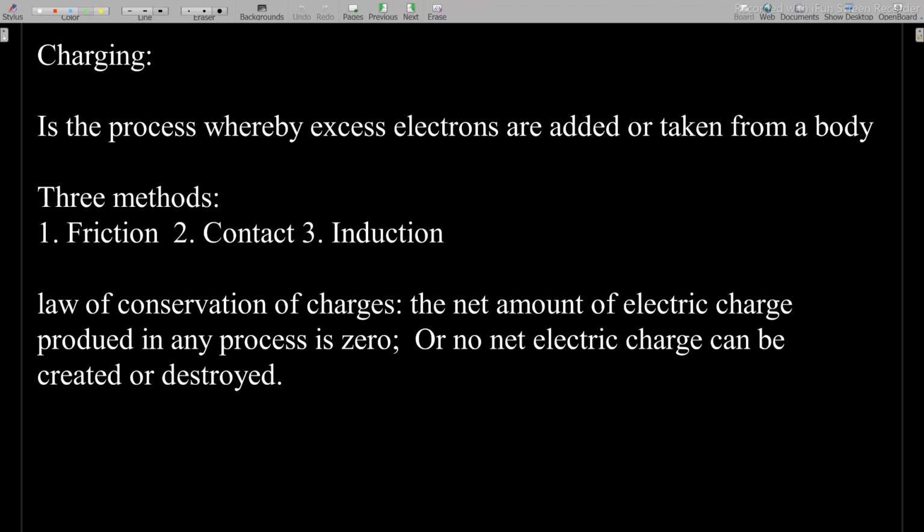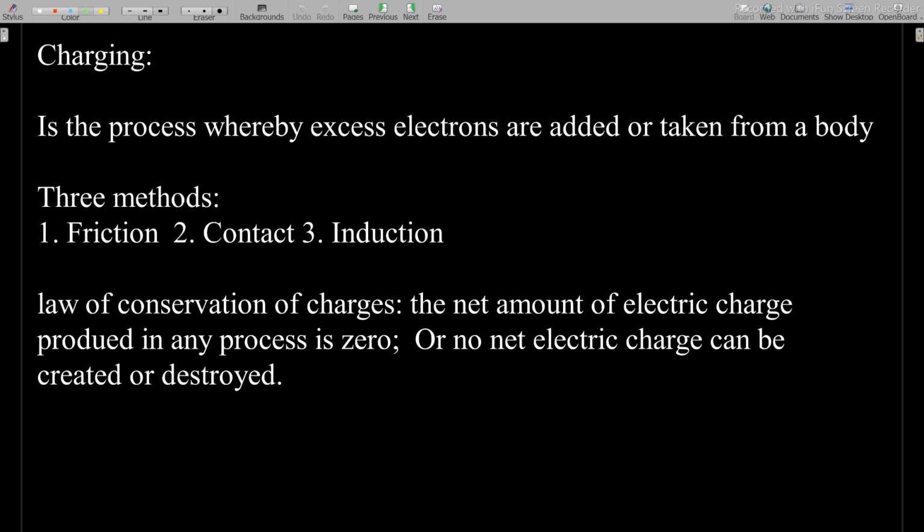I believe you know something about the subatomic particles, the structure of the atom. If you have more electrons than protons present, automatically you are negatively charged because the electron is a negative charge. We will discuss these things, but I just wanted to mention it.